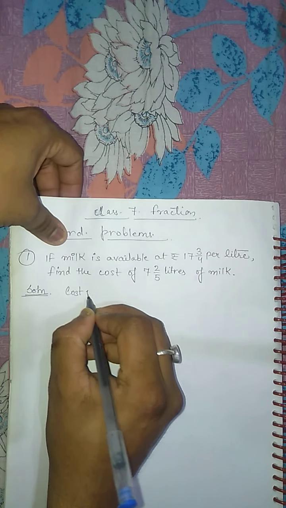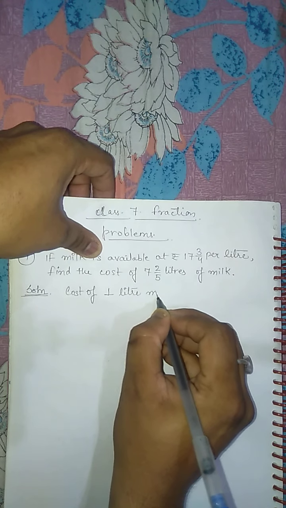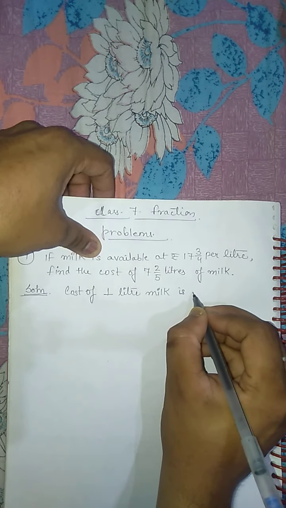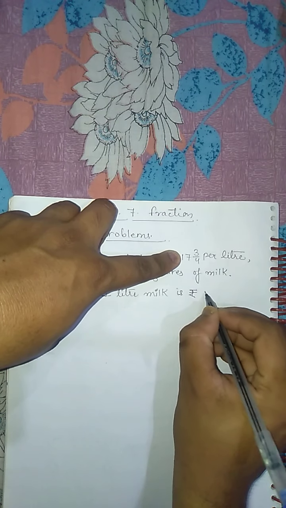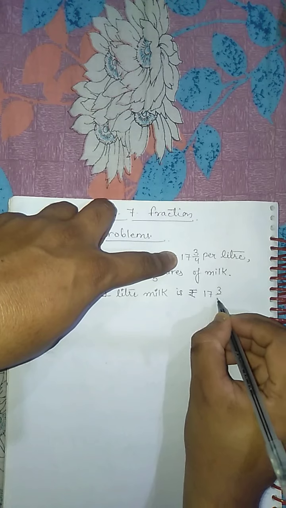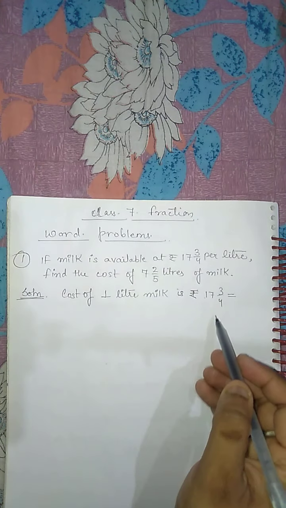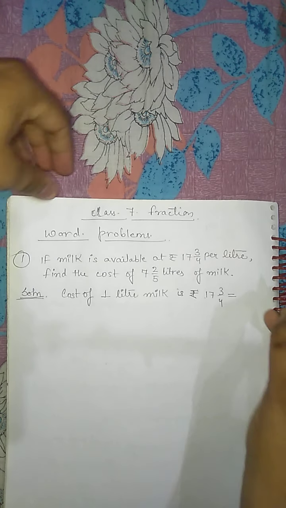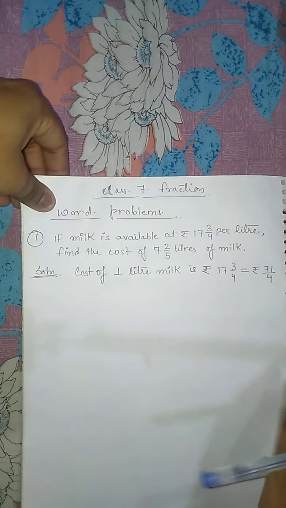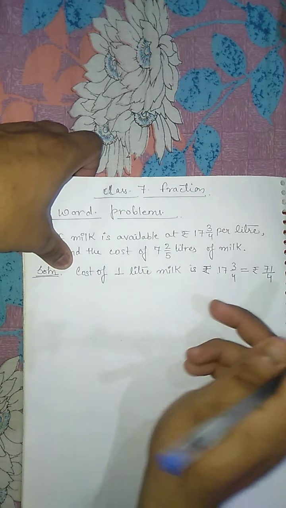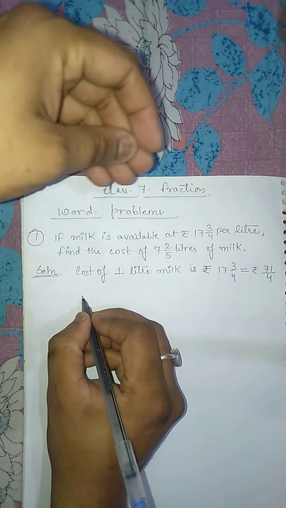Cost of 1 liter milk is, now you have here the cost is rupees 17 whole 3 by 4. Change it into the improper fraction. 17 fours are 68. 68 plus 3, 71 rupees. 71 upon 4. Now this is the cost of 1 liter milk. So question is, what will be the cost of 7 whole 2 upon 5 liter of milk?